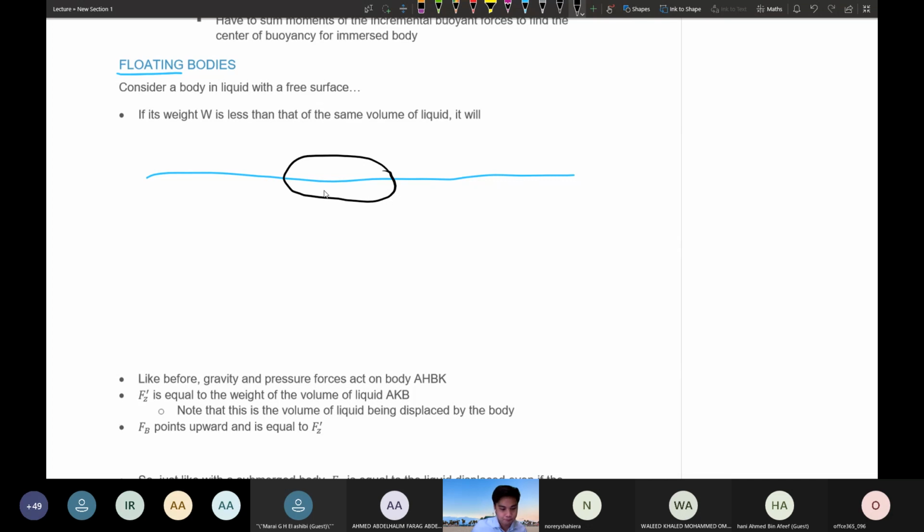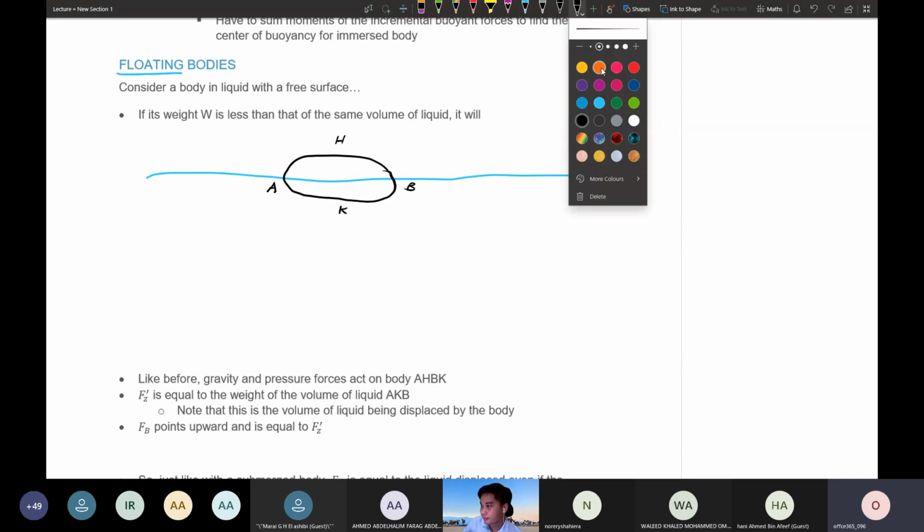Let me label here A, B, this is H, this is K. Please tell me where is the buoyancy force. Where is the force involved? On K. Correct.